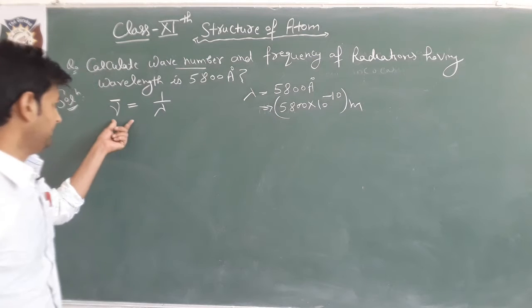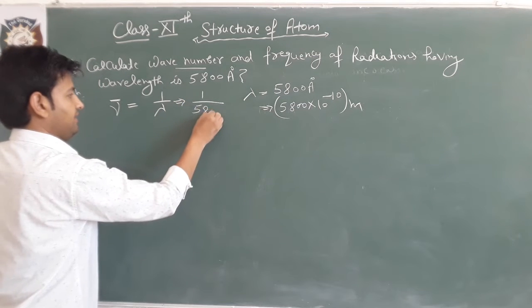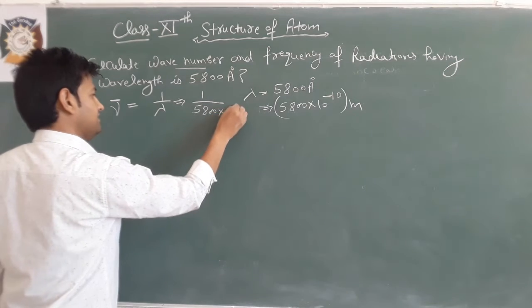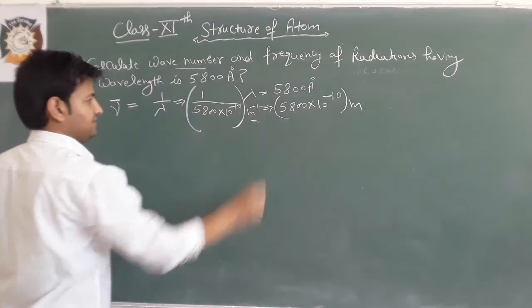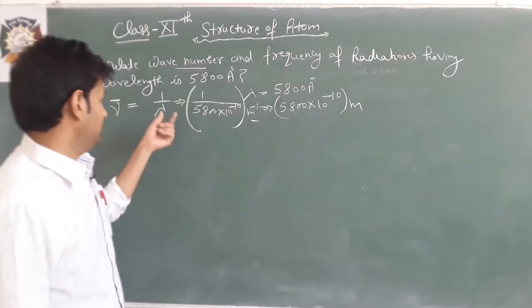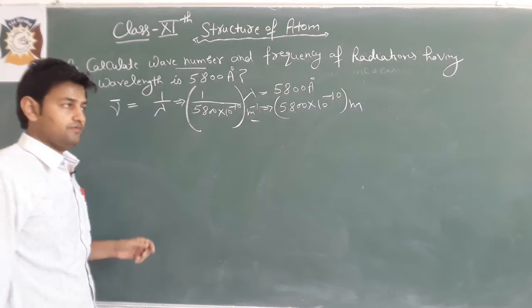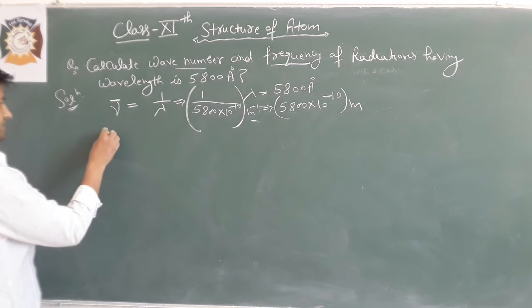So you can calculate wave number. It is 1 by 5800 into 10 to the power minus 10 meter inverse, because wavelength is in meter. Second term we have to calculate is frequency.